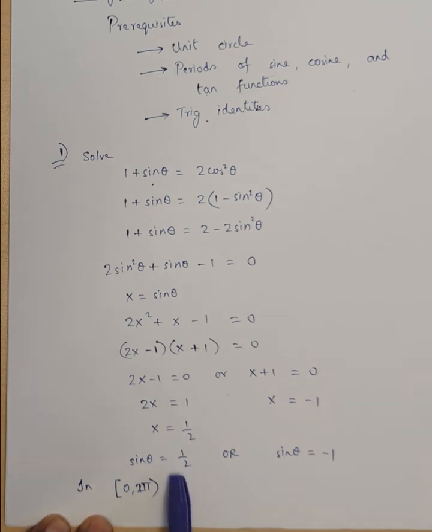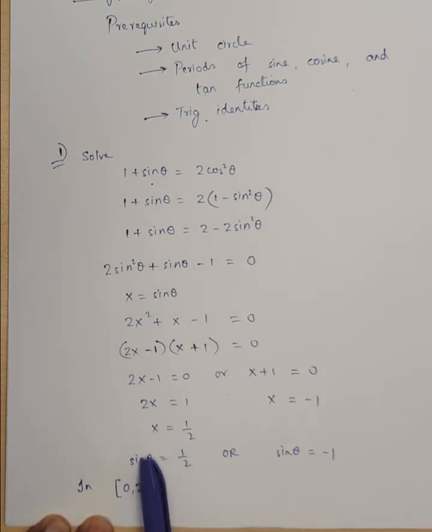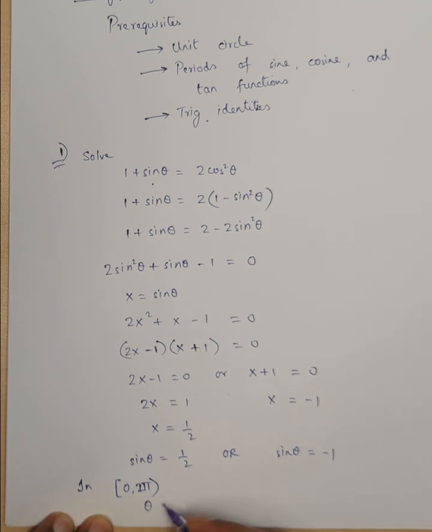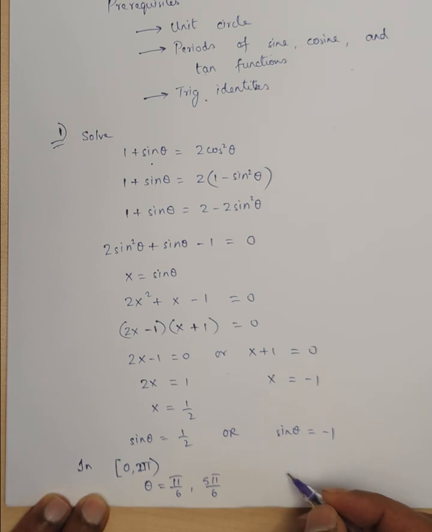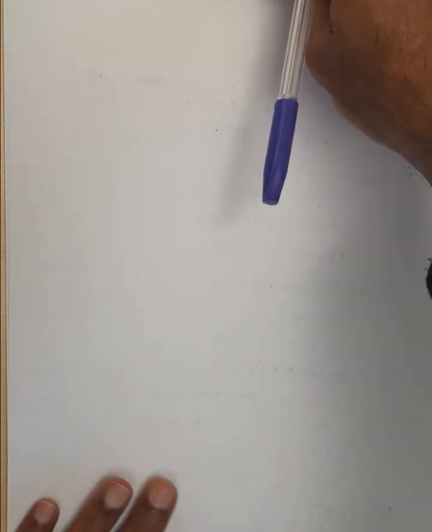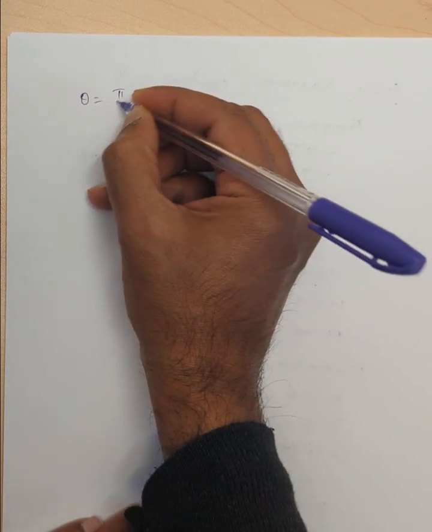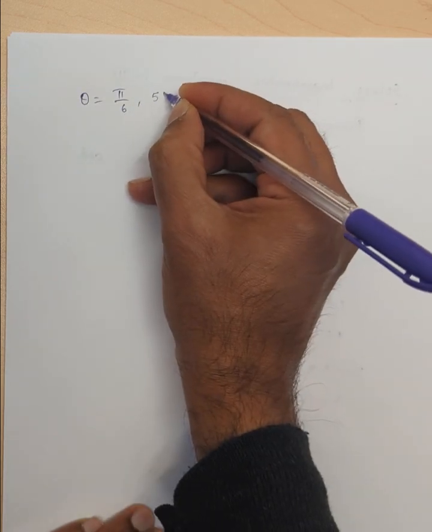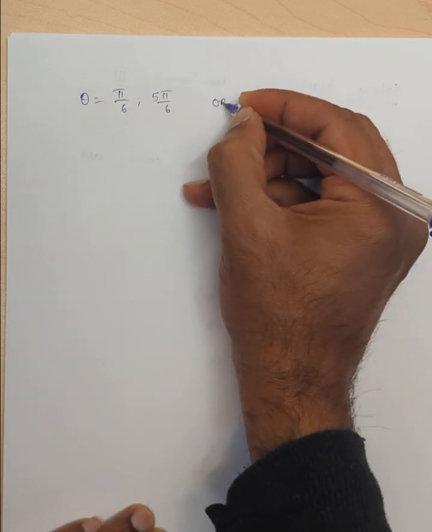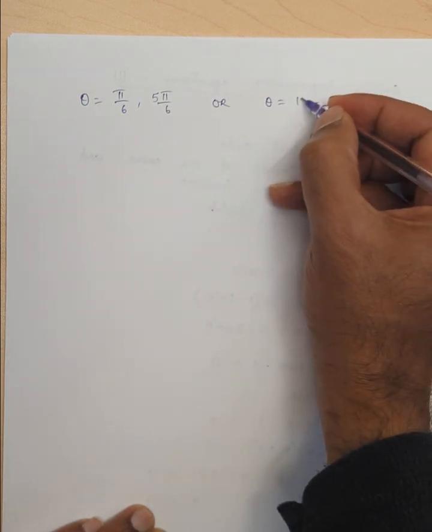So where is sine theta equal to half? Now, if you remember your unit circle, you would say theta equals either pi over 6 or 5 pi over 6. Now for this, you would say theta equals pi. So let's continue this. Theta equals pi over 6, 5 pi over 6, or theta equals pi.